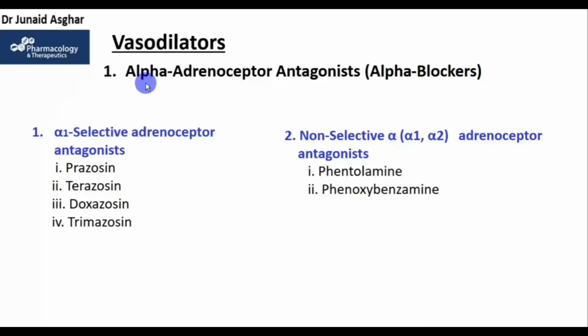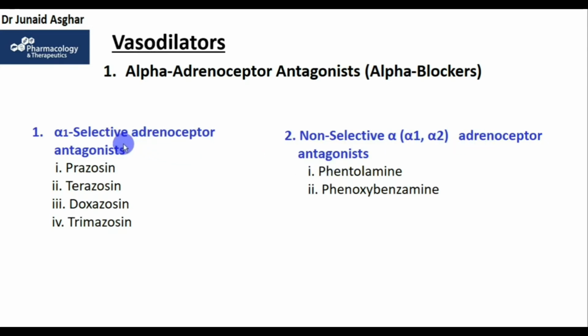Now the next class is alpha-adrenoceptor antagonists, which are also called alpha blockers. These drugs are further subdivided into two classes: alpha-1 selective adrenoceptor antagonists and non-selective alpha-1 and alpha-2 adrenoceptor antagonists.